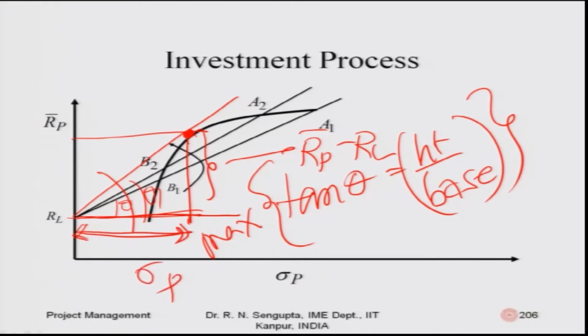So, if I put in the formula, this value is R P bar minus R L by sigma p. So, trying to increase the tan of that angle also gives me the same concept in a different way, trying to maximize and use the concept of safety first principle.